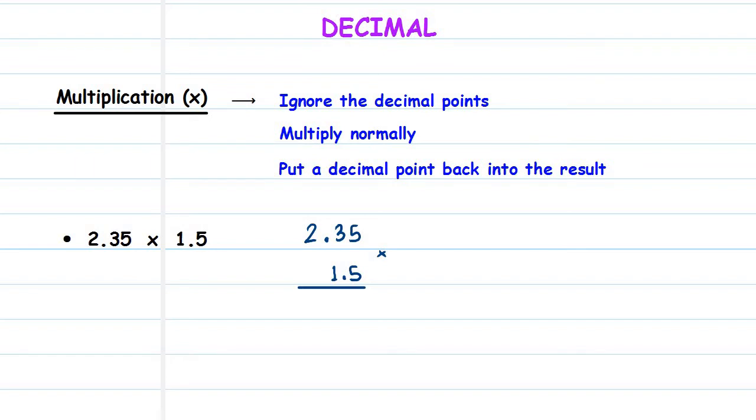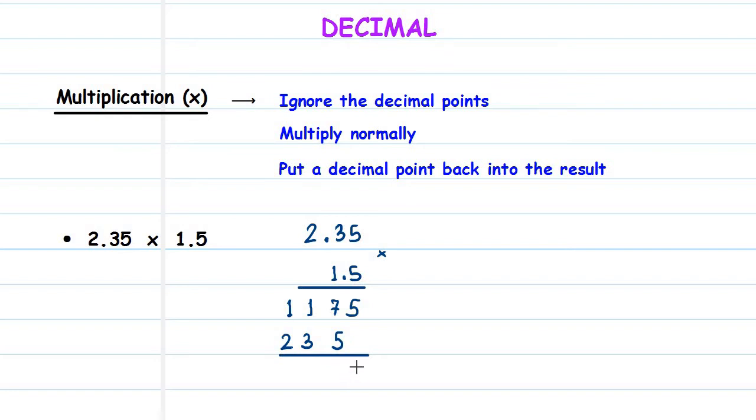If we multiply 235 with 5, we will get 1, 1, 7, 5. Then we multiply 235 with 1, and that's gonna get 2, 3, 5.